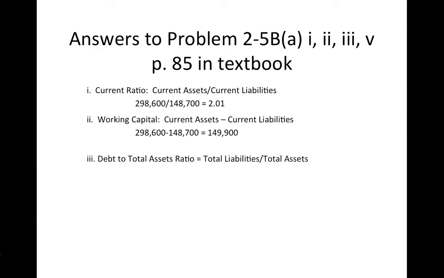Roman numeral 3 wants you to calculate the debt to total assets ratio, which is total liabilities divided by total assets. Here's the answer you should get, 33%.